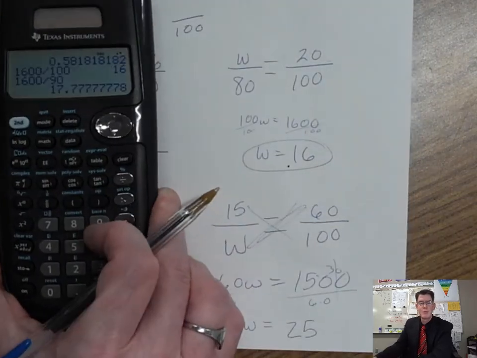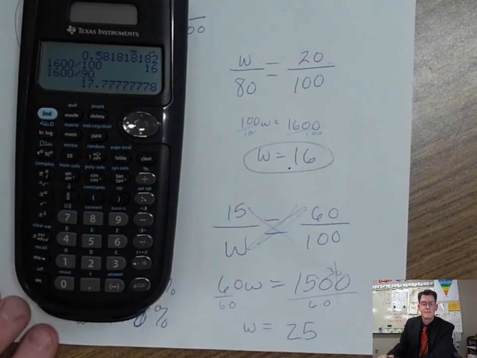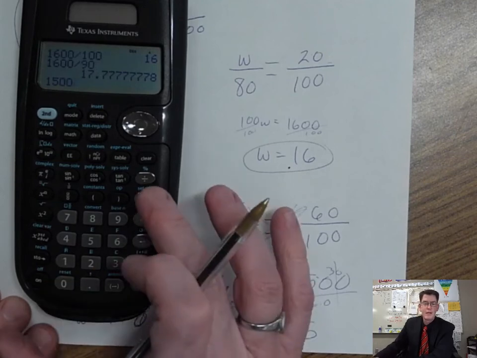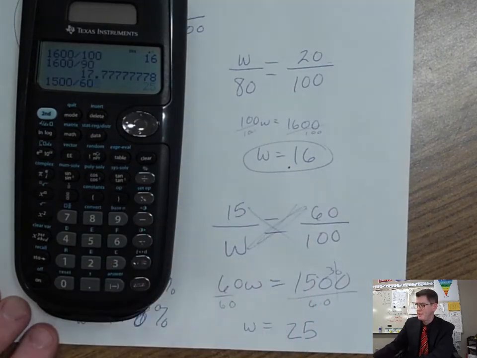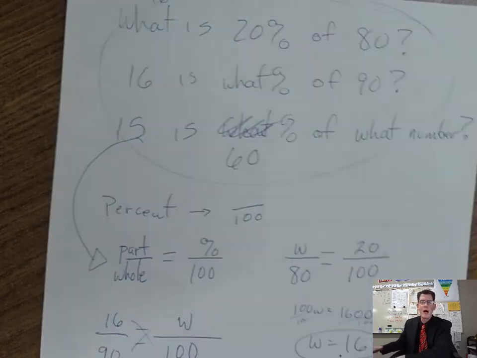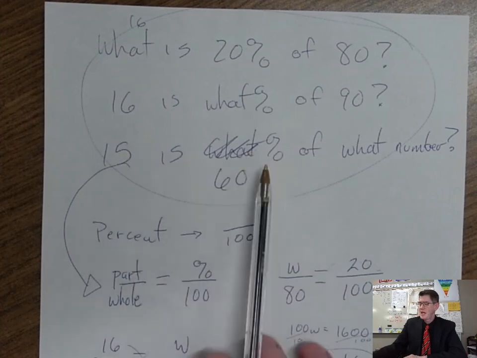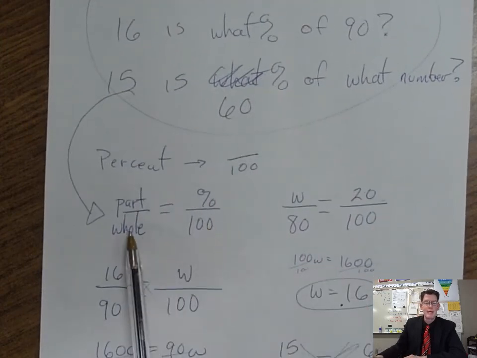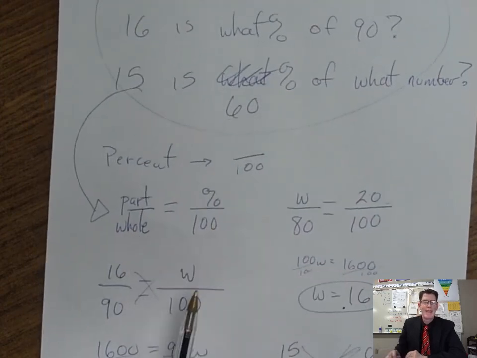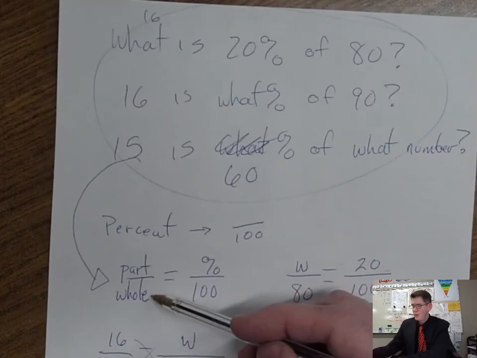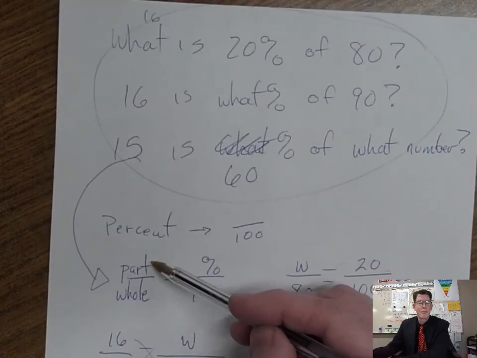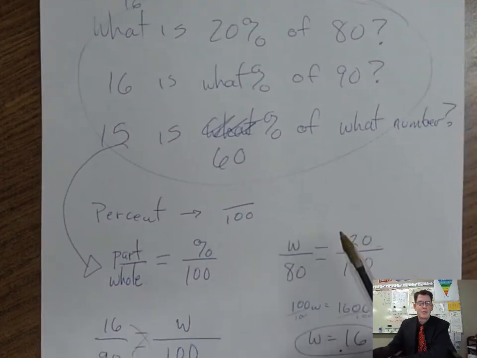I think W becomes 25. 1500 divided by 60, 25. So in each of these problems on the worksheet that you're going to have today, it's just taking the words that they give you and putting them into the percent proportion. That's the hard step. The whole amount goes here, the part amount goes above it, percent over 100.